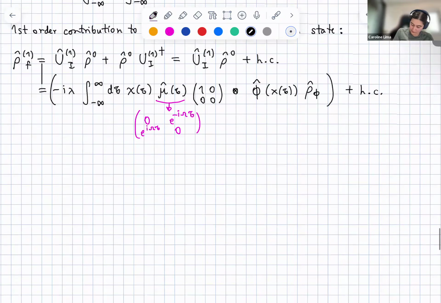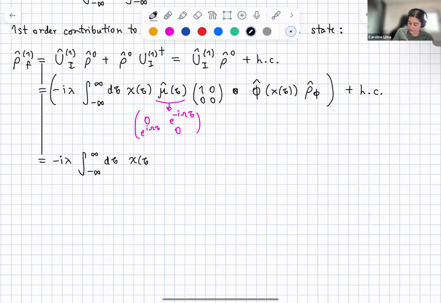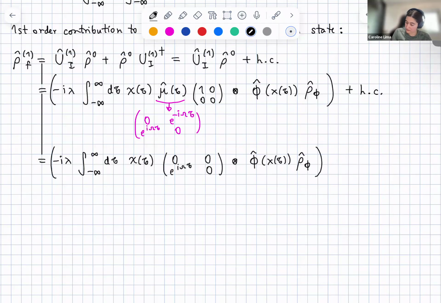So when I do this basic math, what I find is that this is minus i lambda integral from minus infinity to infinity of d tau chi of tau times 0, e to the i omega tau, 0, 0, tensor product phi of x of tau times rho phi. And then I'm going to get this plus the Hermitian conjugate, okay?